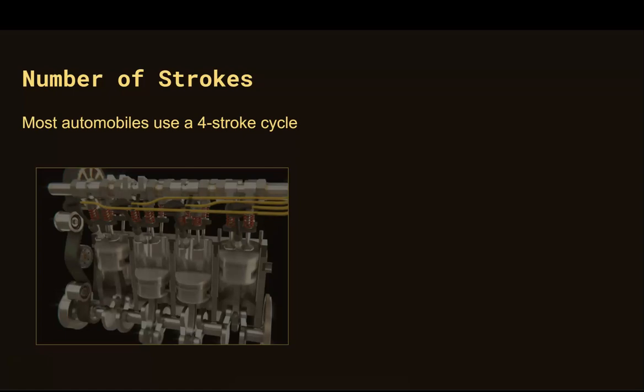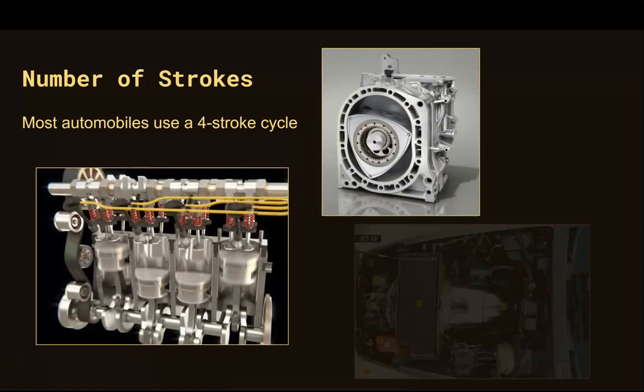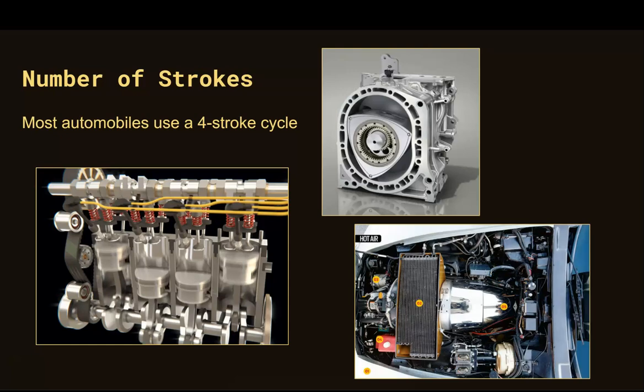So one of the first ways that we identify our engine is by the number of strokes that it makes. Most automobiles use a 4-stroke engine, which is pictured in this image here. We've talked about the 4-stroke in a previous video, but most automobile engines are going to abide that structure. They're very commonly manufactured that way, but there are exceptions.